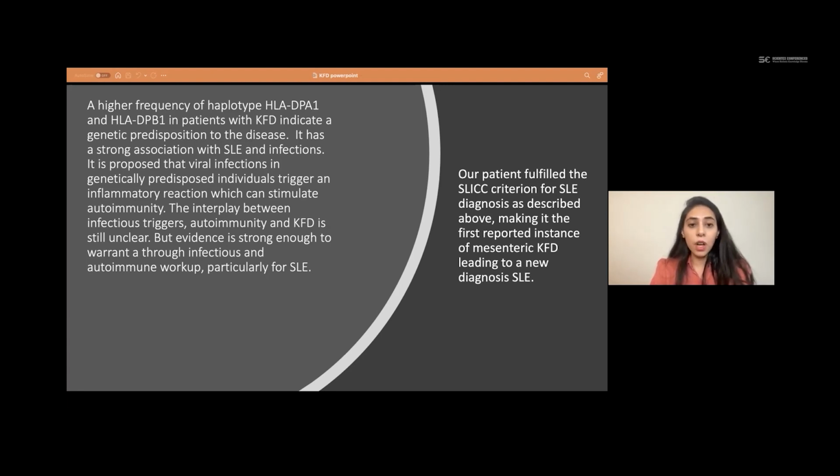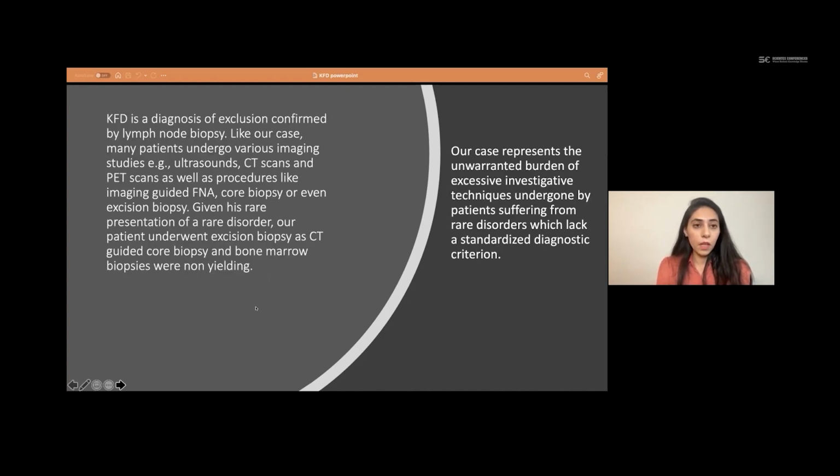However, the evidence is strong enough that whenever we have a patient with KFD, it warrants a complete infectious and autoimmune workup, especially to look for concomitant SLE. Our patient, like I said, fulfilled the SLICC criteria, and it makes it the first reported instance of mesenteric KFD leading to a new diagnosis of SLE.